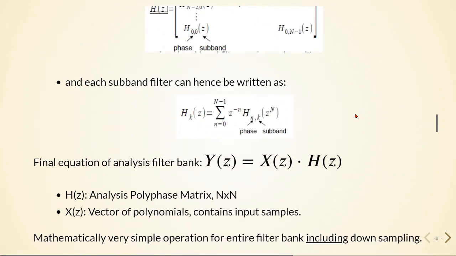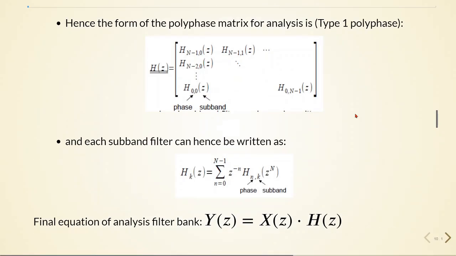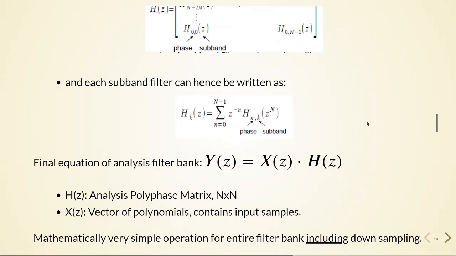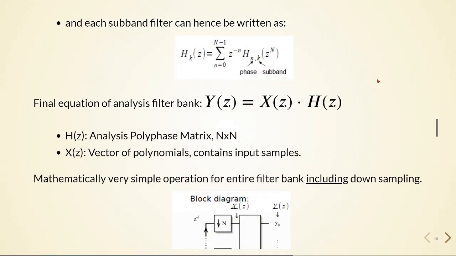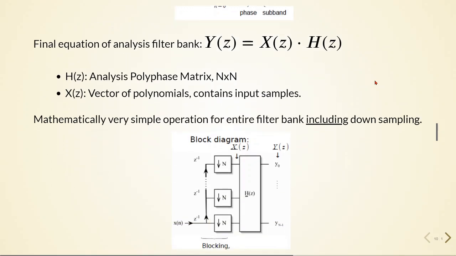So the output of the analysis filter bank will be X of z multiplied by H of z. We see that H of z is the analysis polyphase matrix, an N by N matrix, and X of z is the vector of polynomials that contains the input samples. Mathematically, it is a very simple operation for the entire filter bank, including downsampling.